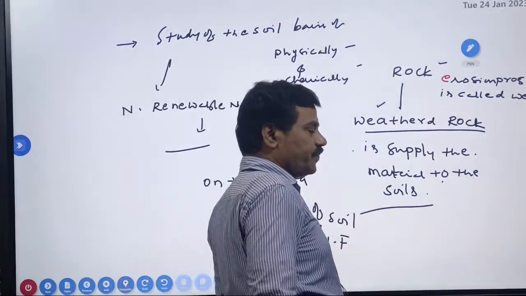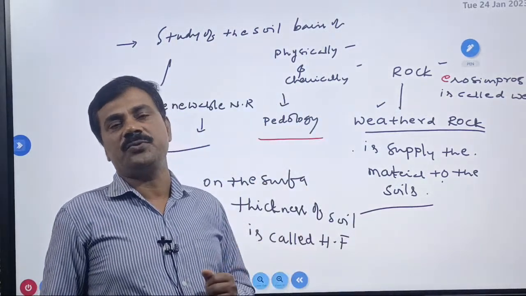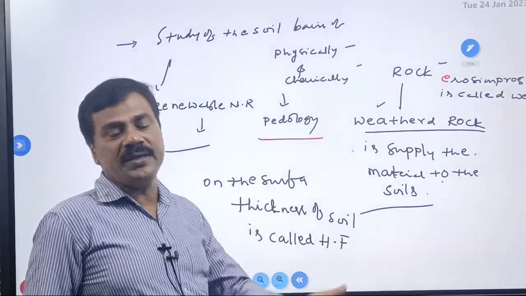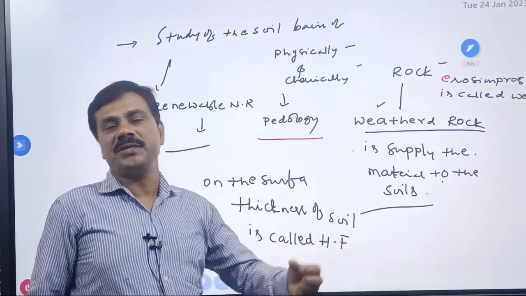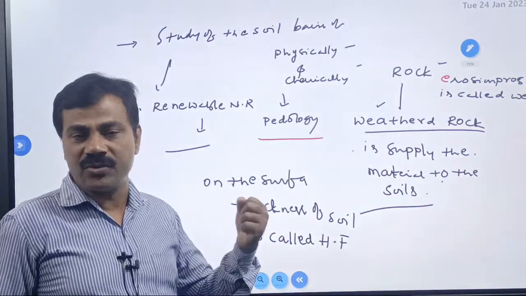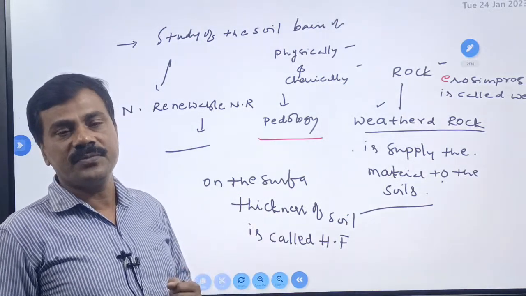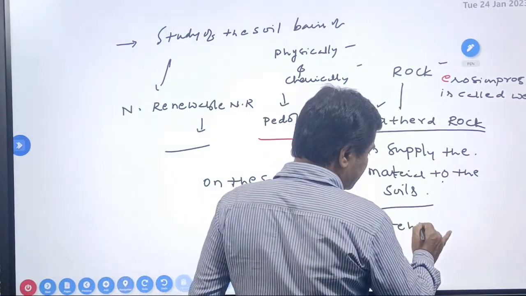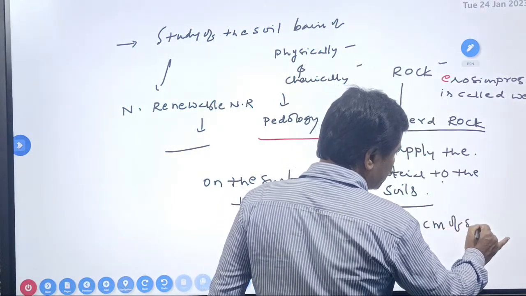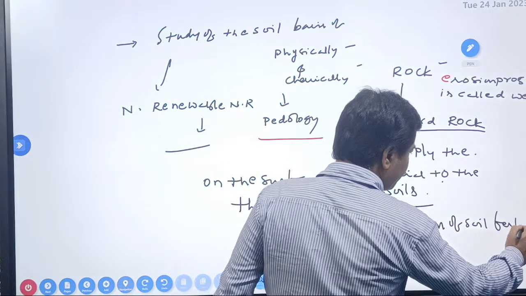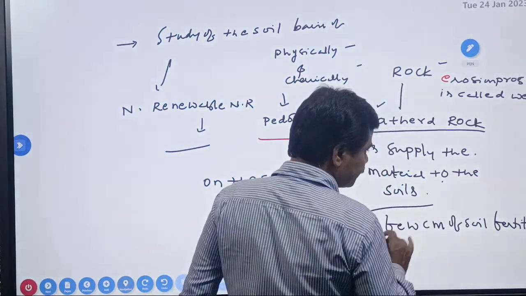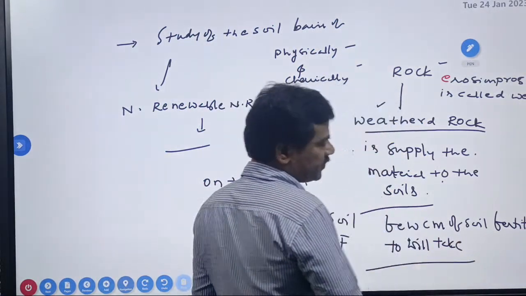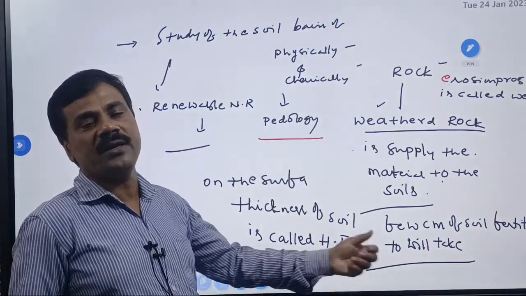To build up that fertility, to form even a few centimeters of soil fertility, will take a number of years, more than 100 years.